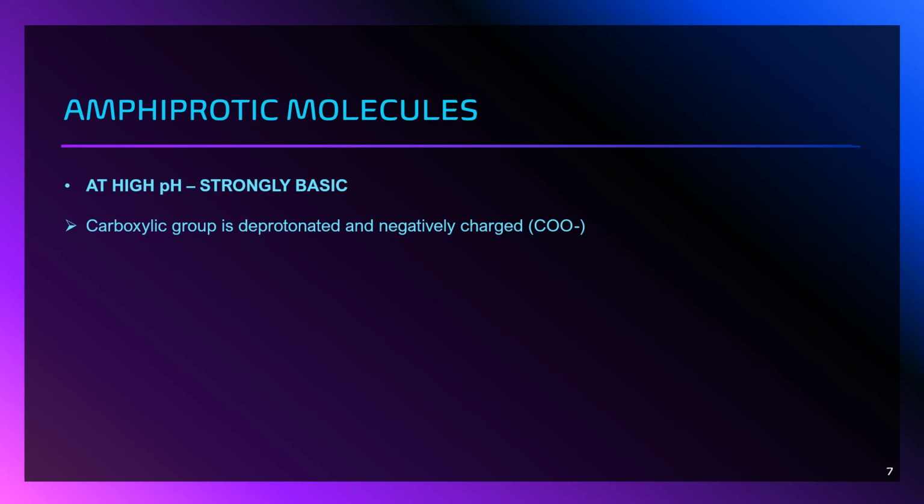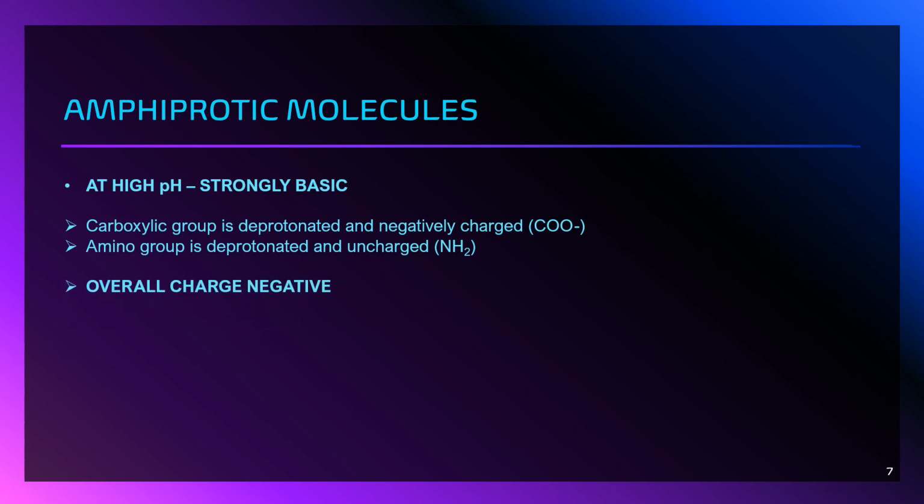Deprotonation means the carboxylic group gave away its protons, so it has a net negative charge. But the amino group is deprotonated but uncharged, because it already gave away the extra positive charge which it had. So the overall charge will be negative.